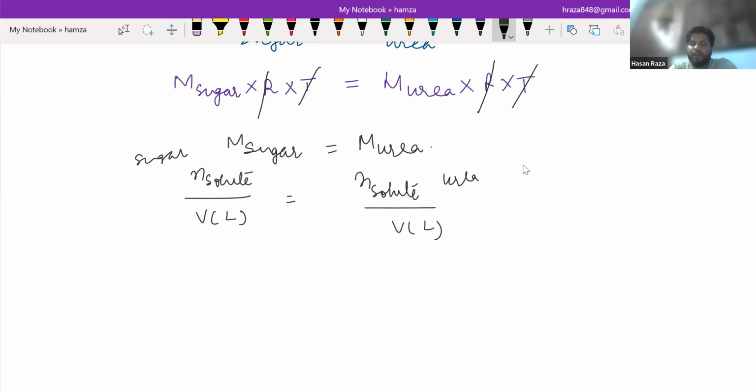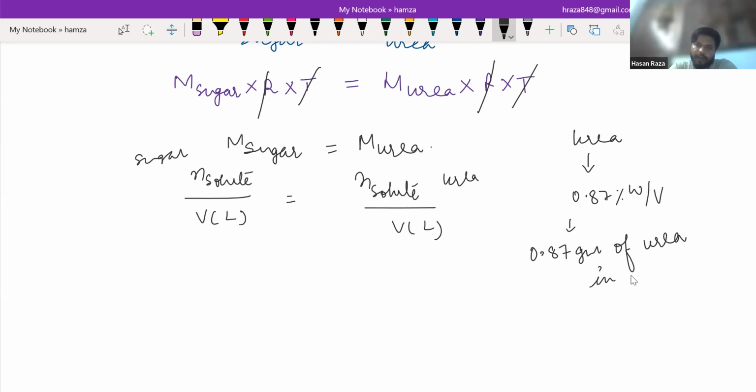Now see, for urea, it is 0.87% weight by volume. That means 0.87 gram of urea in 100 ml of solution.